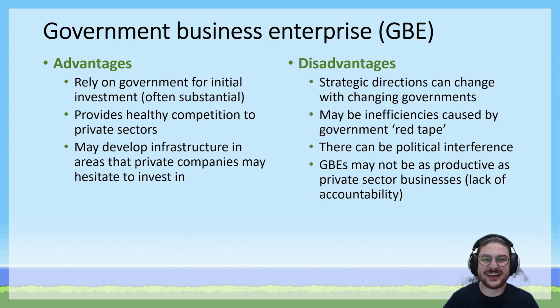And certainly one advantage is because they've got this access to significant funding from the government, they can provide really healthy competition to the private sector. And certainly if we look at something like AusPost, despite them having their challenges in the modern ages, they largely establish a standard that private mail distribution companies have to contend with.